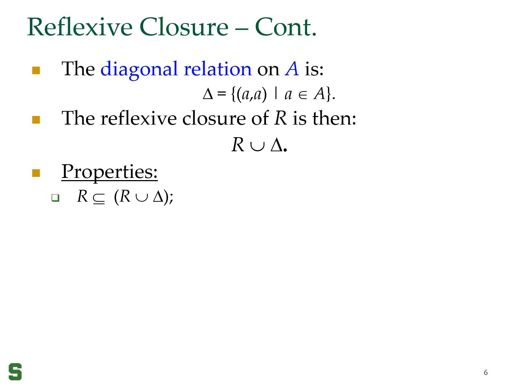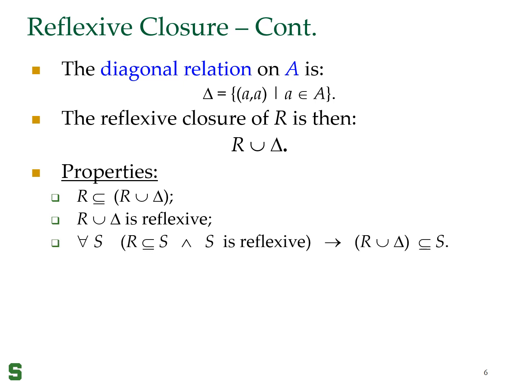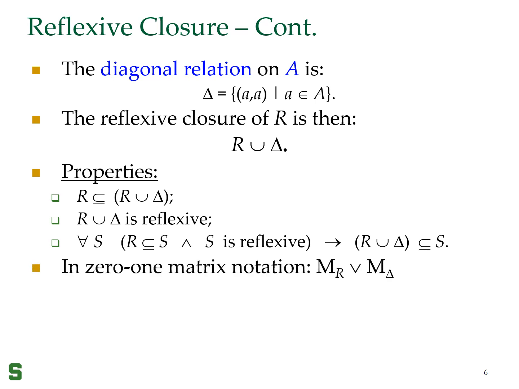R is going to be a subset of this. The R union Δ is going to be reflexive. And if I had found any superset of R that was reflexive, then it would be at least as big as the relation that we got. In other words, this is the smallest such relation.